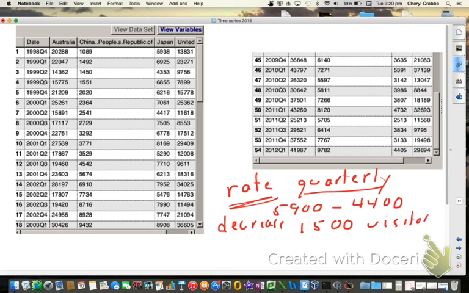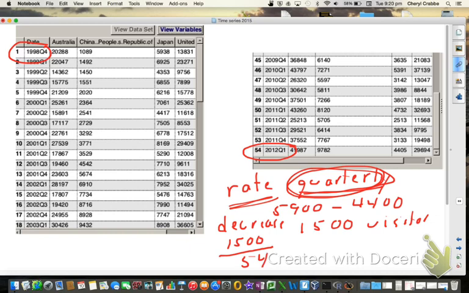Now, to turn that into a rate, we're going to take the 1,500 and divide it. If we're going to put it per quarter, then let's figure out how many quarters there are. Fourth quarter 1998 to the first quarter of 2012, there's 54 of those.